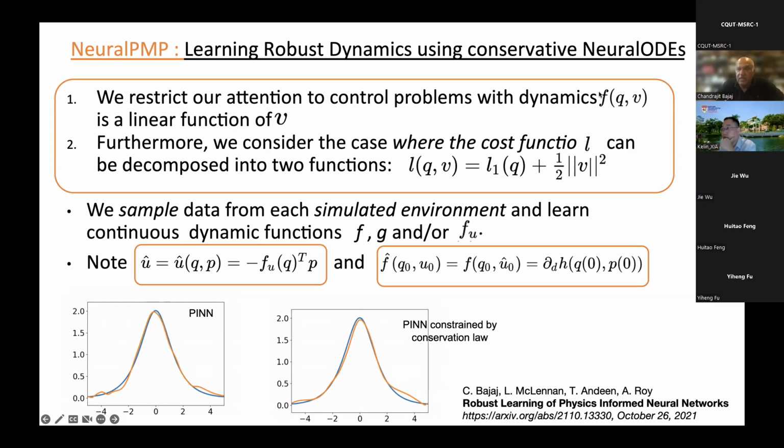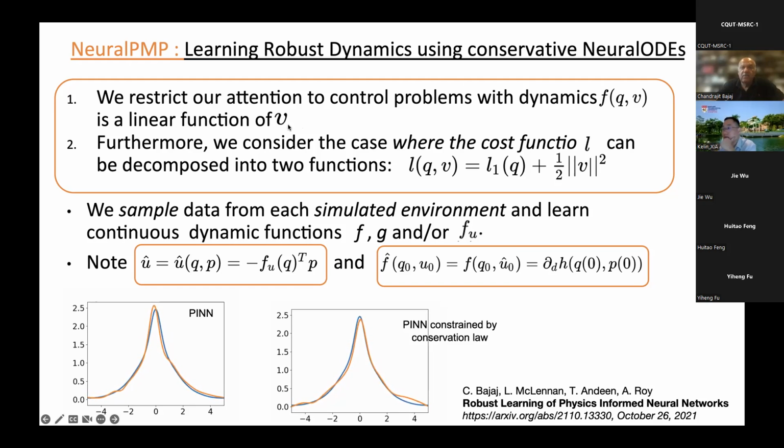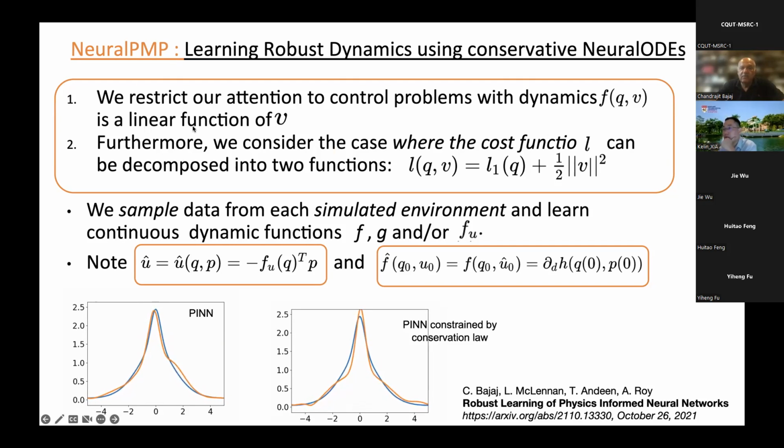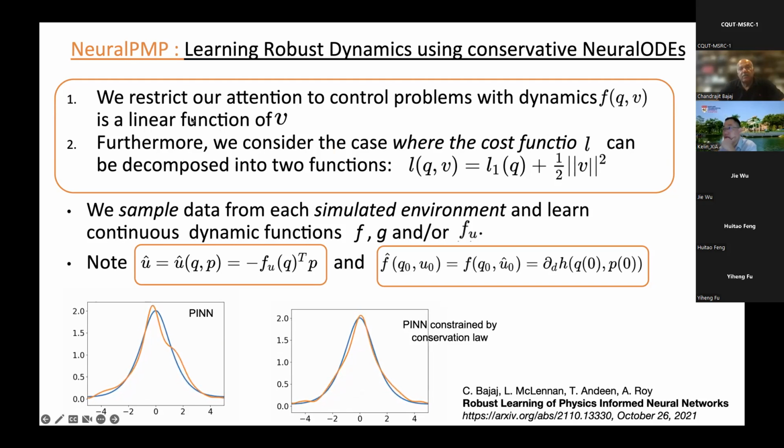It can be any nonlinear F. But having linear functions control allows you to take your control in terms of your state variables. It's not limiting. One can also do a deep version of this that embeds the nonlinear control into a linear space, and then you apply that in that new latent space. So that's possible too.